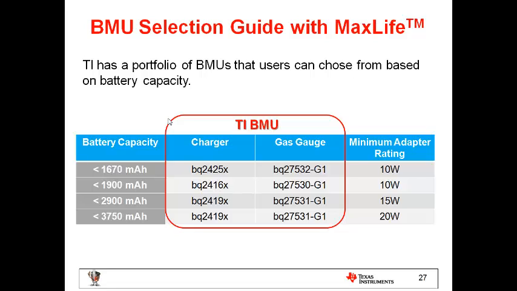And you can see with the other battery capacity thresholds, we have available the BQ24160X charger family that is used with the BQ27530. And for the larger battery capacities, the BQ2419X, which is used with the BQ27531 gas gauge. And you can see for any of these combinations what adapter ratings are necessary to make use of MaxLife.